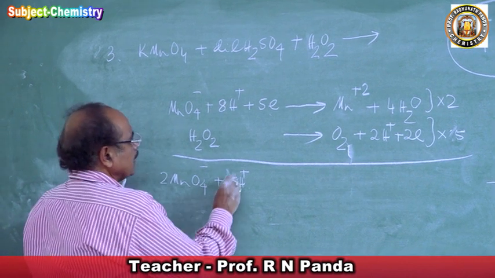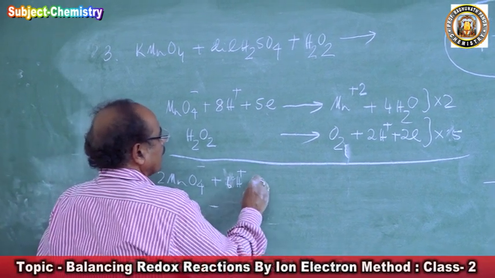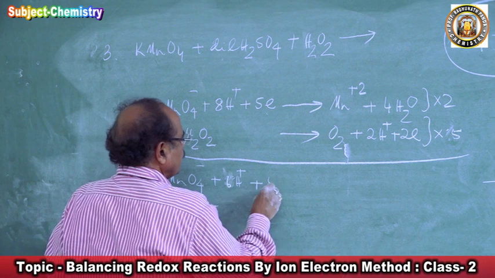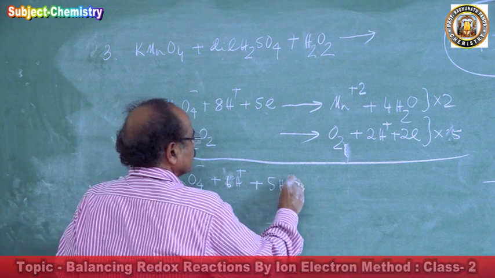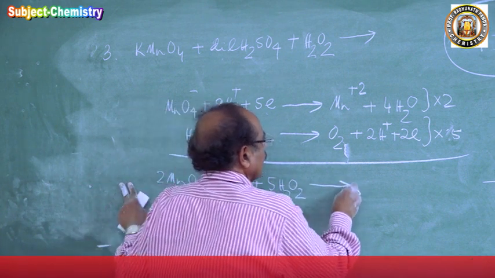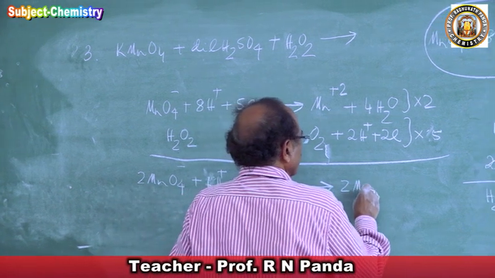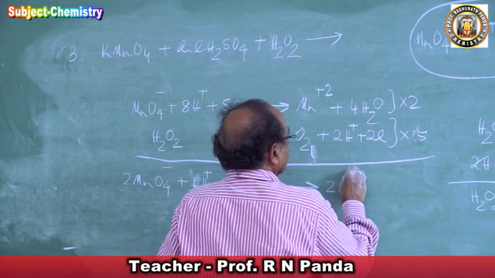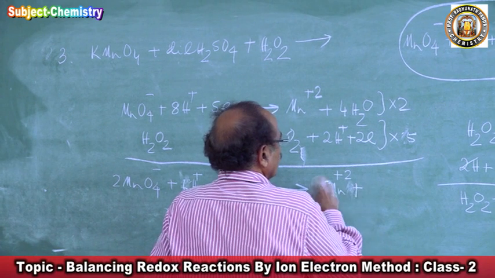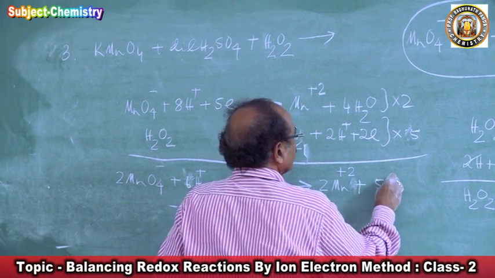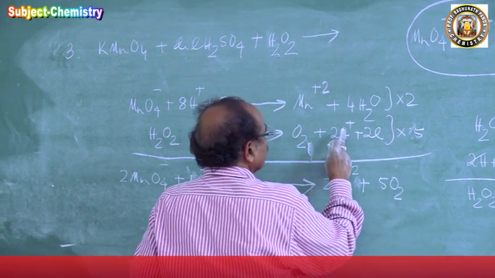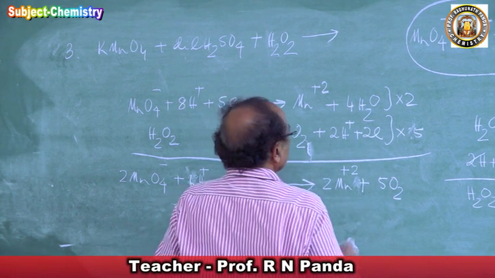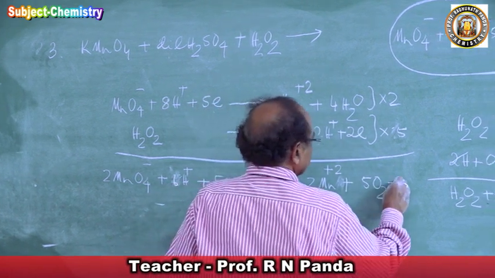So this will be 6H plus plus 5H2O2, forming 2Mn2 plus plus 5O2, then 8 water.